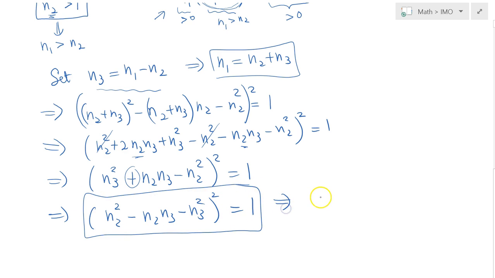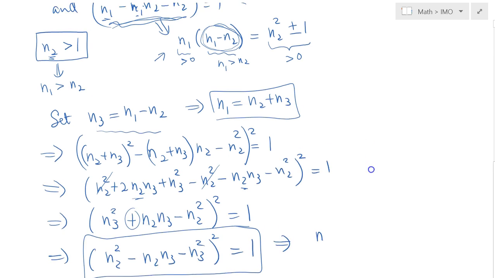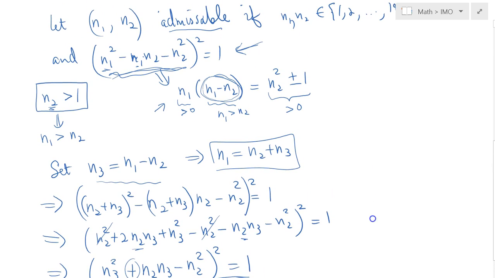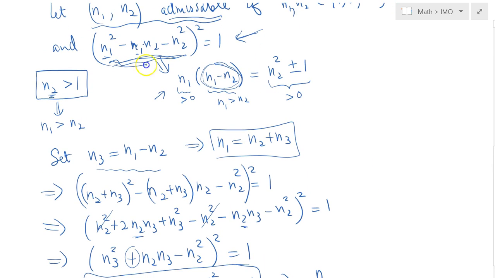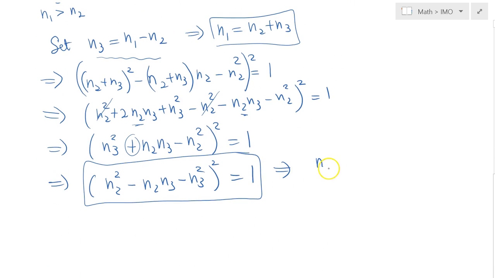So this would imply that, how did we define it? I think, yeah, n1 and n2 is admissible if the following holds. So therefore n2 and n3 is an admissible pair. So that would solve the equation.